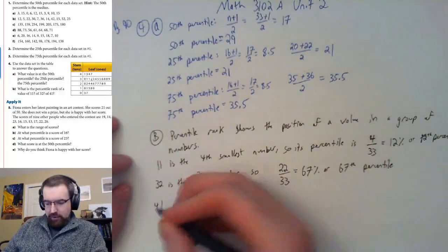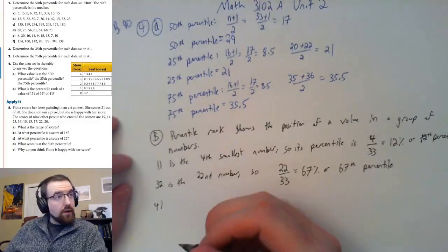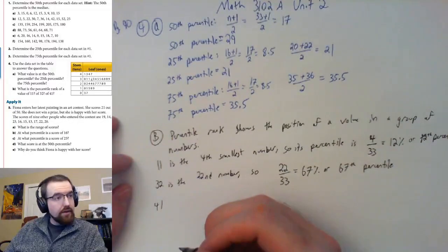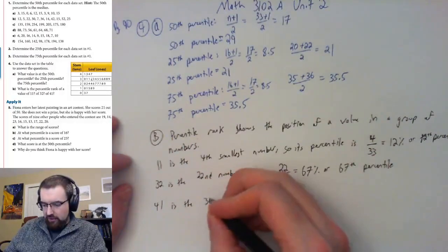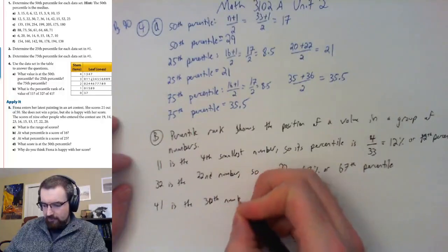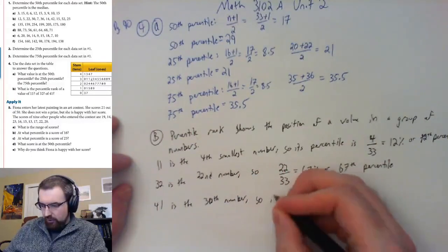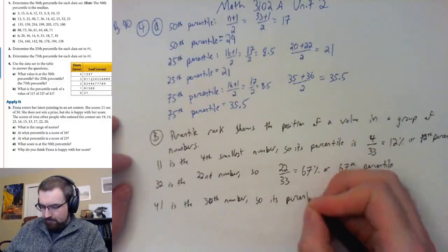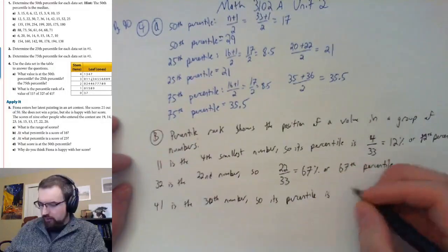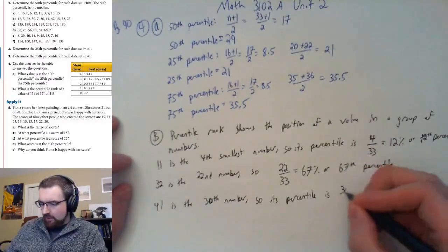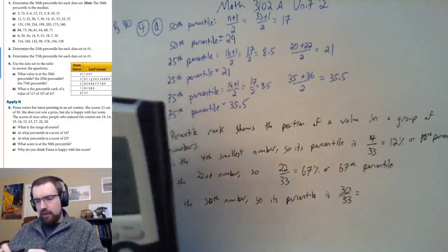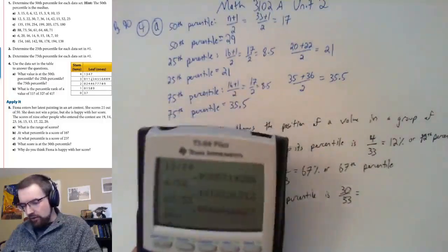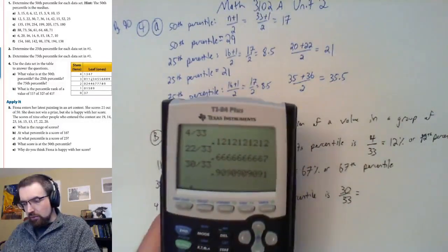And then number 41. There's three numbers greater than 41, so it should be the 30th. So 41 is the 30th number. So its percentile is 30 out of 33, which is going to equal 10 over 11, which is 91.